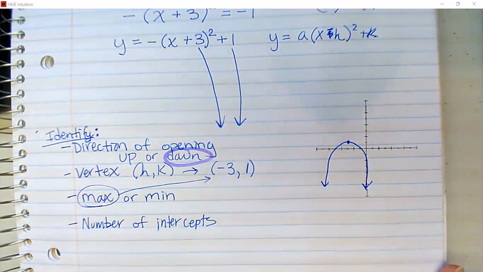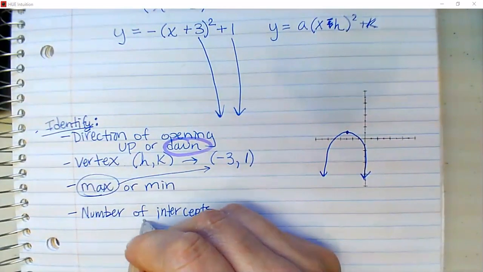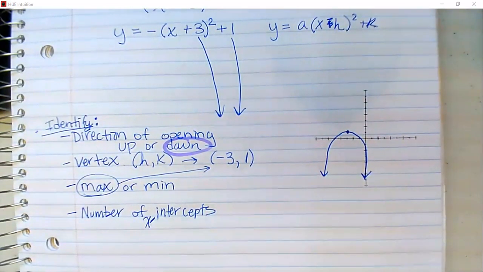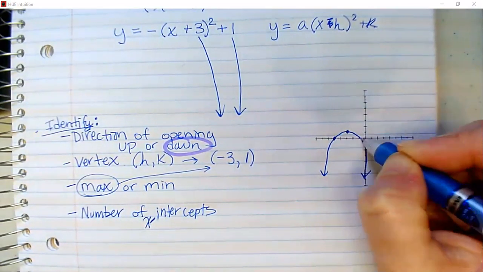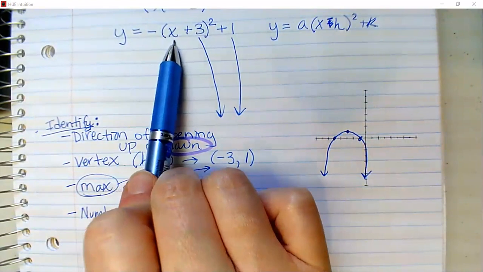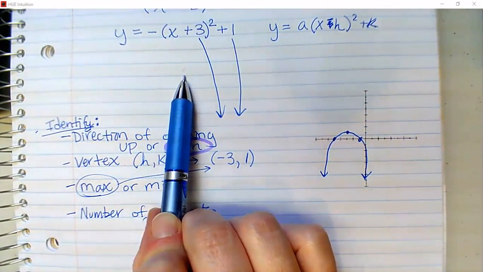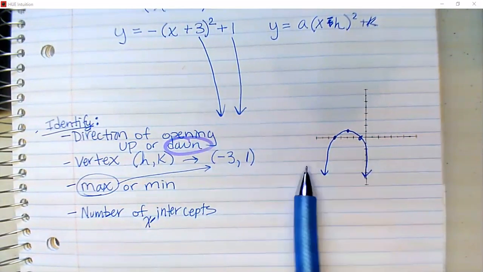Okay, and then we also want to know how many intercepts do we have, and of course they're referring to x-intercepts. We want to know how many times does this quadratic touch the x-axis? Well, this one touches twice. Okay, we can kind of eyeball where they are. We could use the square root method and finish solving this quadratic to figure out the exact points, but that's not what they're asking us here.